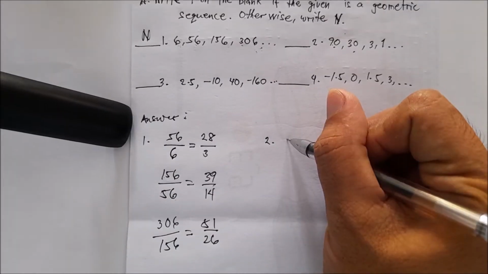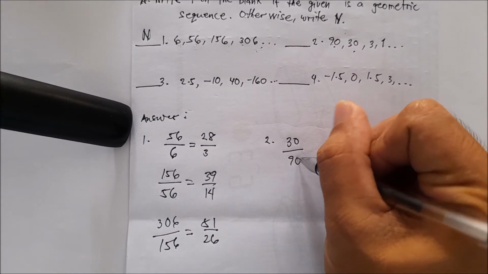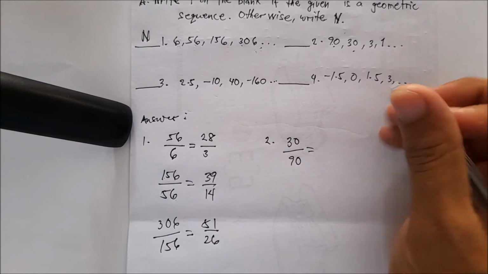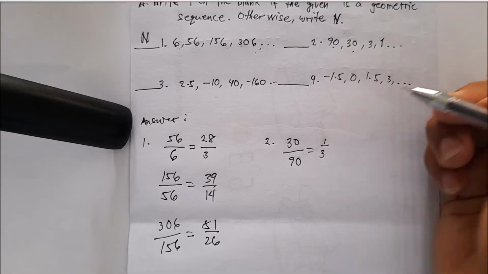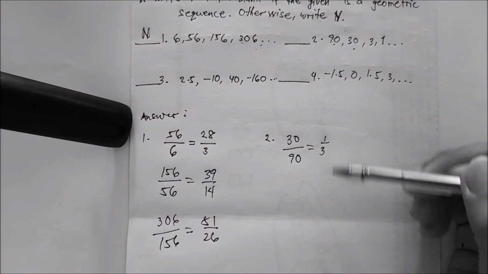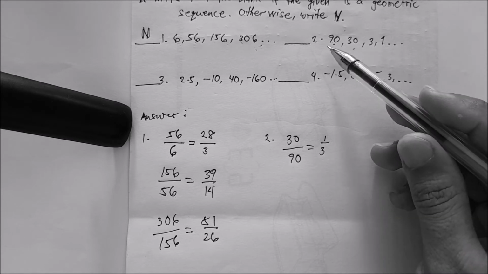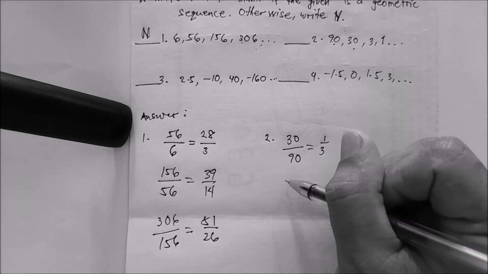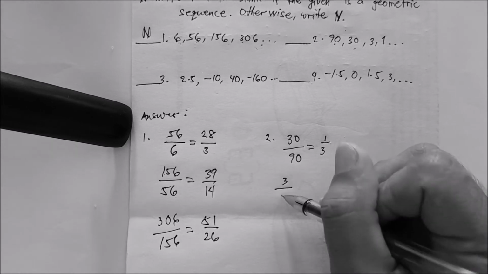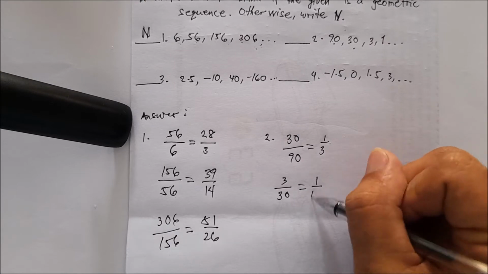Number 2, second term, which is 30, divide natin sa 90. So ang sagot nito ay 1/3. Another, if the ratio is the same, so first, second, and the first. So now, let's try from the third over the second. So third, which is 3 over the second, which is 30, 1 over 10.